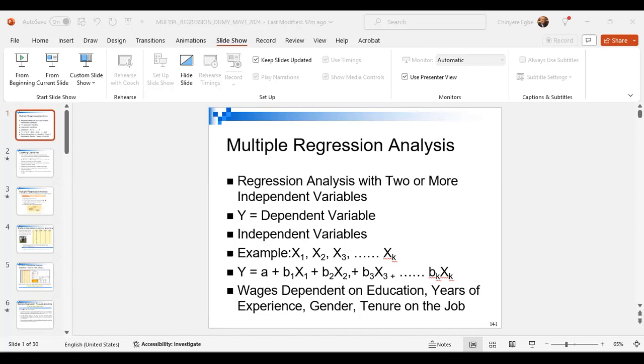Now, the question then, when you test the hypothesis, remember, I always say use the absolute value, or you can read the p-value. If the p-value is less than your level of significance, then you reject the null hypothesis of no significance. And so you can see here that temperature significantly affects the cost of heating a house, and also the insulation.